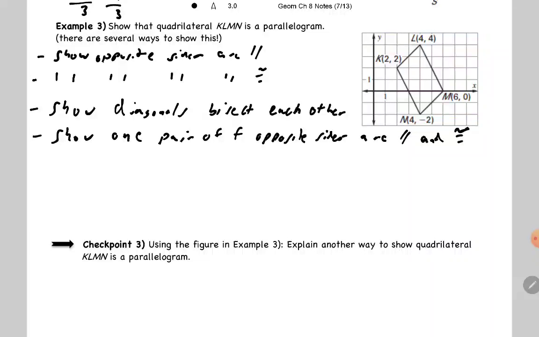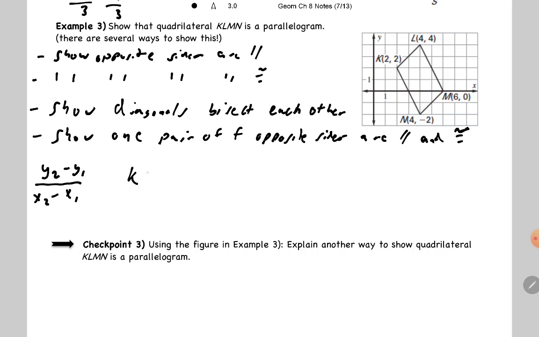So I'm going to go with what I find is the easiest, because if we wanted to show opposite sides are congruent, meaning the same length, we would have to use the distance formula. To show that they're parallel, we're just going to use the slope formula. So for example, the slope of KL, remember the slope formula is rise over run, the difference of your y's over the difference of your x's.